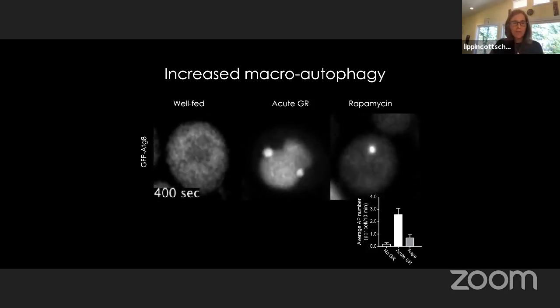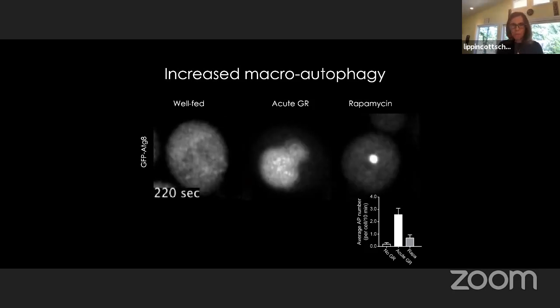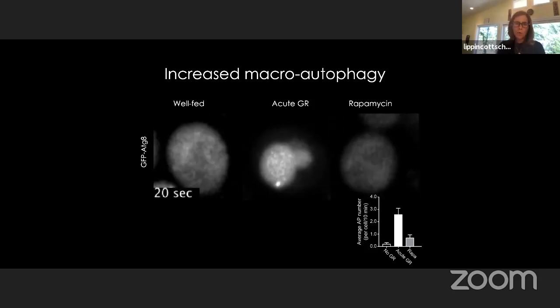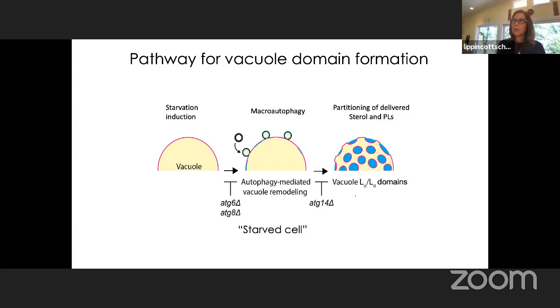And this macroautophagy we found is absolutely critical for the formation of these microdomains. In fact, if we introduce mutations, deletions of key autophagy components, ATG6, ATG8, or ATG14, we lose the ability to phase separate the vacuole under starvation conditions.